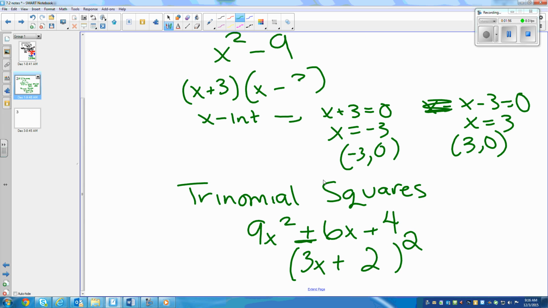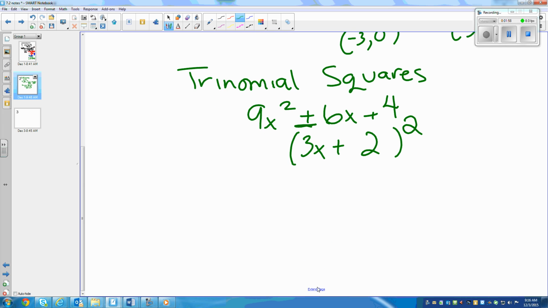The last thing we looked at was trinomial squares, right? And this was one that we finished off at the end of the bell. How do you notice you have a trinomial square? You're able to take the square root of the first one, 3x. You're able to take the square root of the back one, 2.